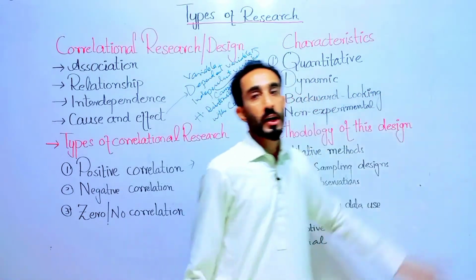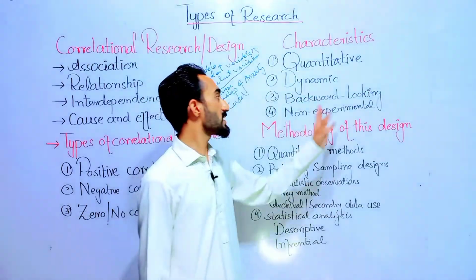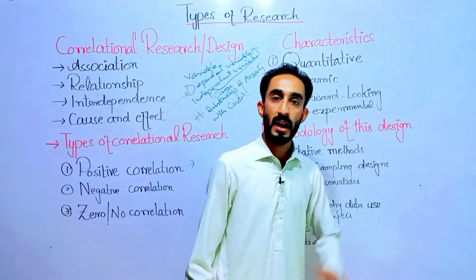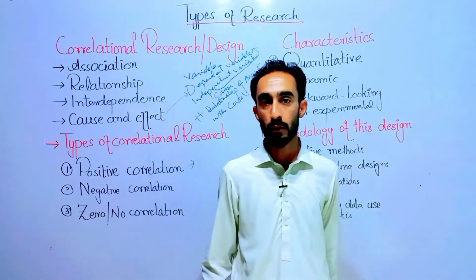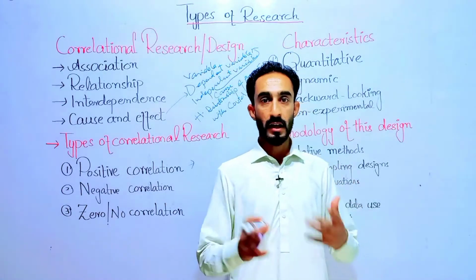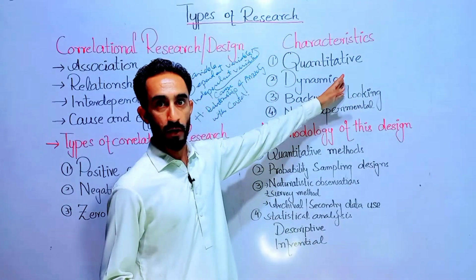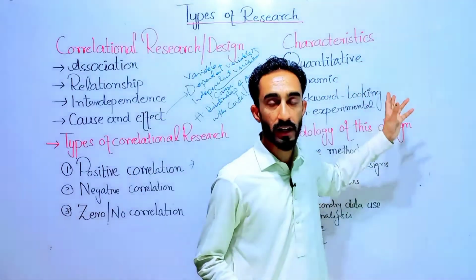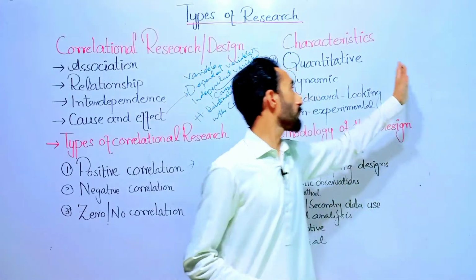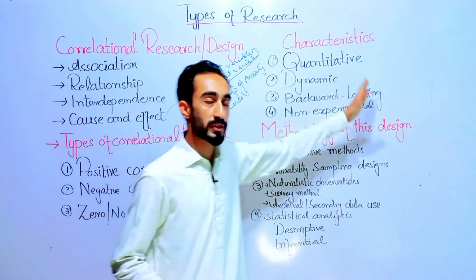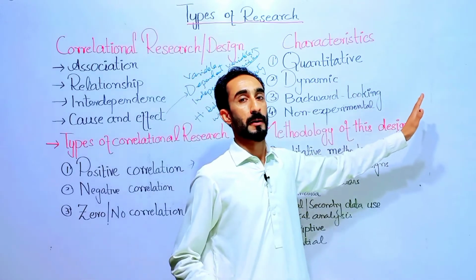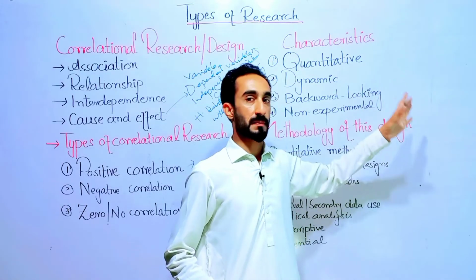Another thing is that correlational research design must be non-experimental. Experimental research is mostly done in psychology in a control setting, so it is dynamic in nature and cannot be controlled or manipulated. This means correlational research design must be non-experimental.